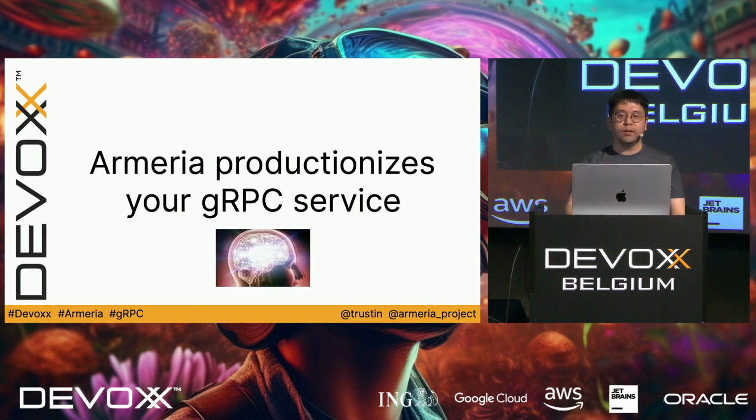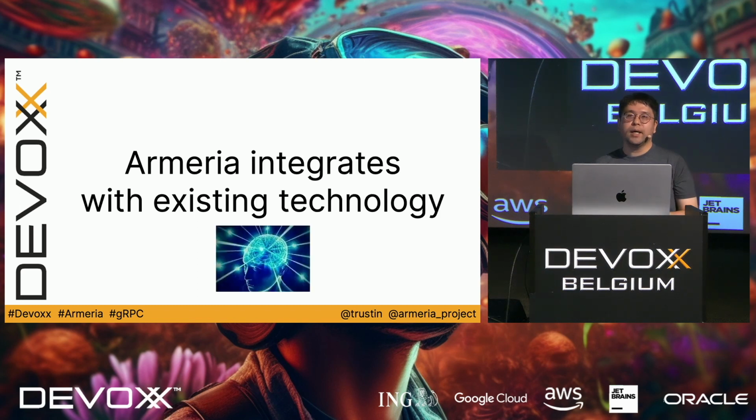And of course, when productionizing any service, whether it's gRPC or not, Armeria provides all those decorators and endpoint groups for easily productionizing your service. So you might want to consider that too. And as I said previously, it has its own HTTP engine, which is based on Netty, and it's very efficient and powerful.